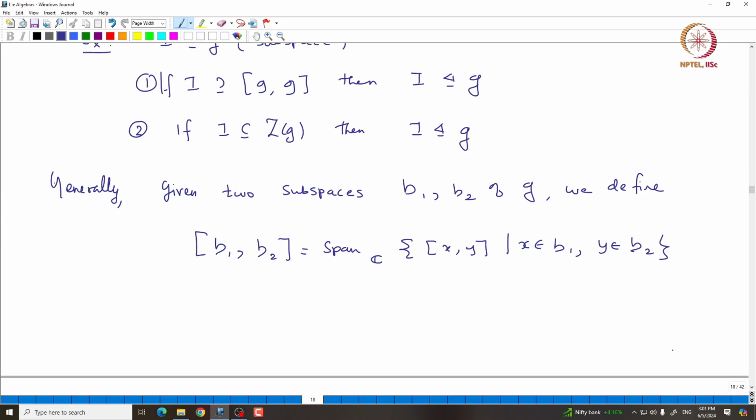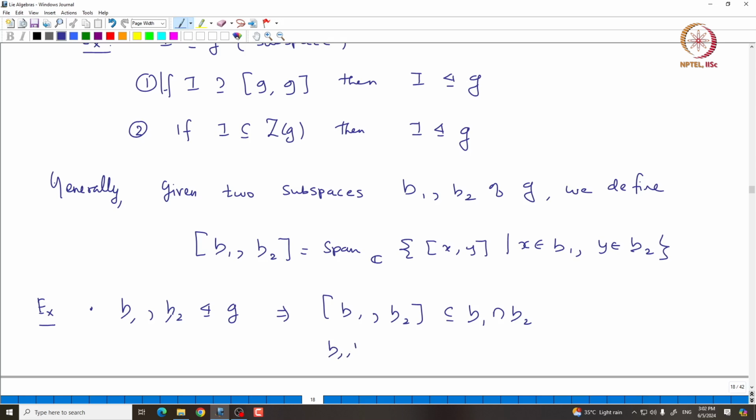In case you start with H1 and H2 to be ideals, then it is easy to see that this bracket is also an ideal and it is indeed contained in the intersection.